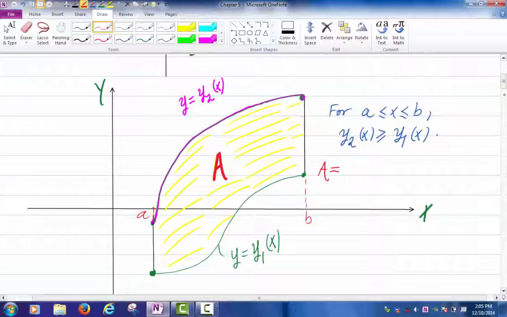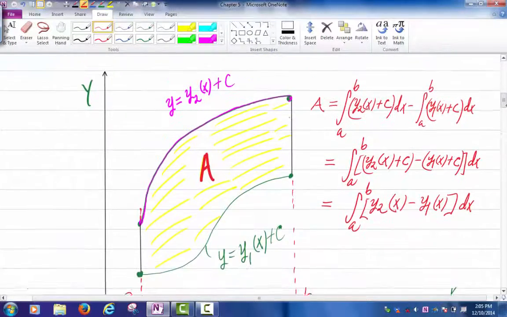Okay? How would I do that? Well, I'm going to add a large positive constant to the function y2 and the function y1, so that the graph of y2 plus c and y1 plus c goes above the x-axis. So here's what I'm going to do.